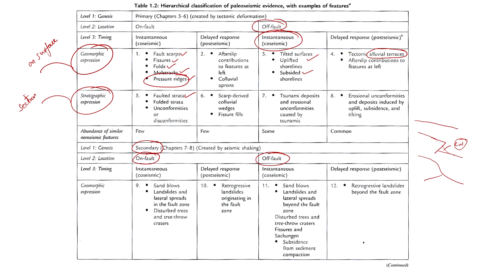That can easily indicate that there was a high energy event, either a storm or related to tsunamis. Then further erosional unconformities will be developed, or deposits induced by uplift and subsidence.